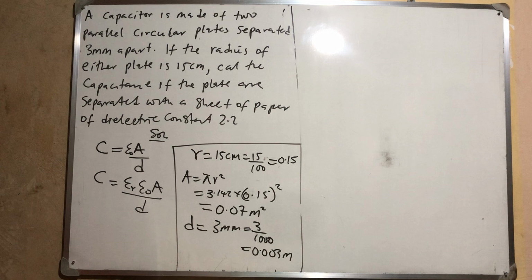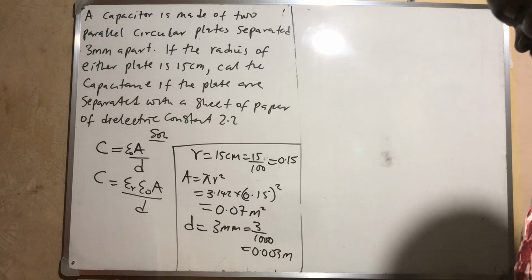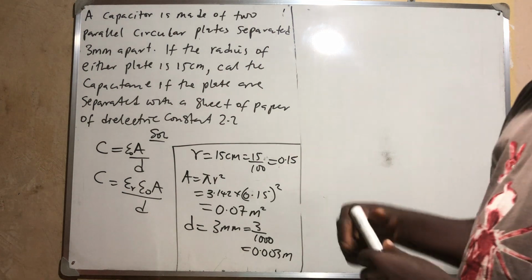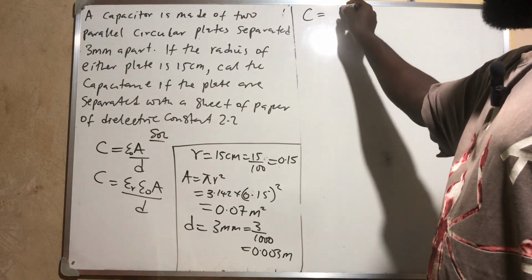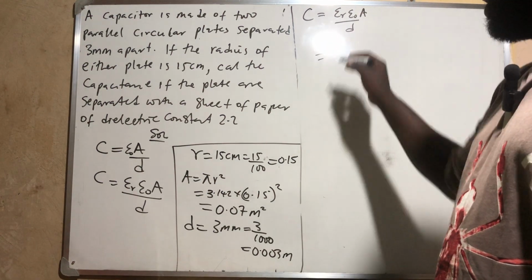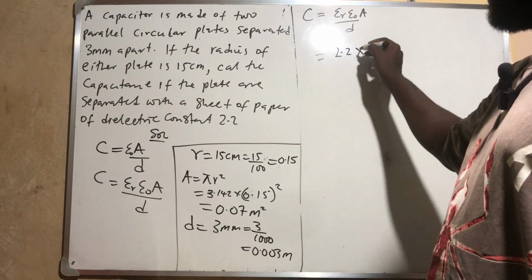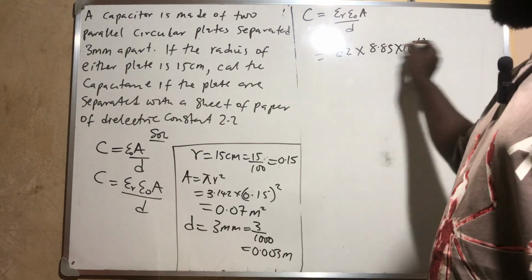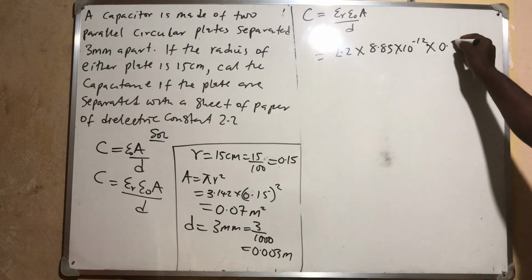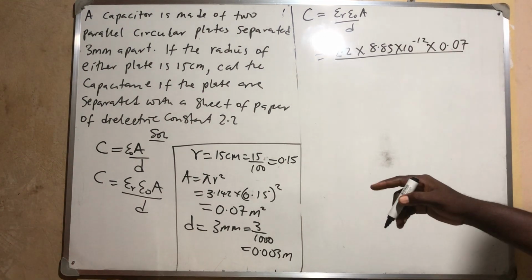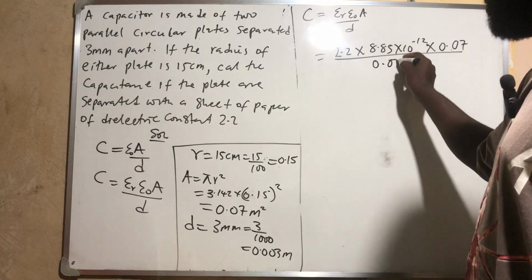Don't forget that your epsilon naught is always 8.85 times 10 raised to the power minus 12, unless maybe they gave you another value. If not, that is what you will use. All right, so I will now have that my C is equal to epsilon R epsilon naught A all over D, which is 2.2 times 8.85 times 10 raised to the power minus 12, times my area 0.07, divided by my distance, which is 0.003.